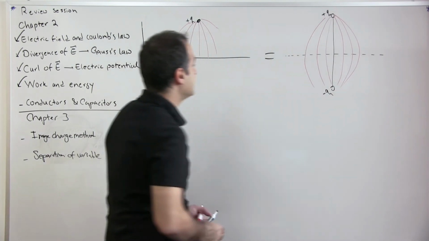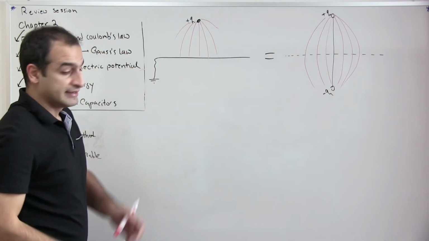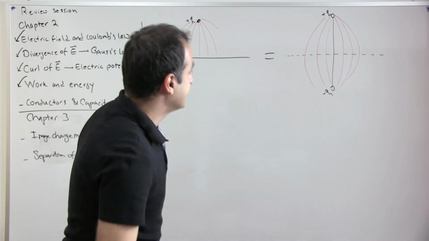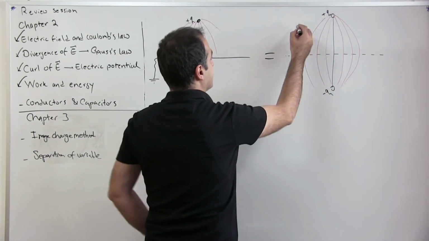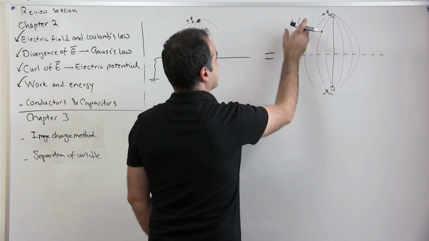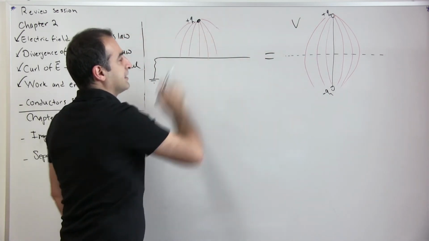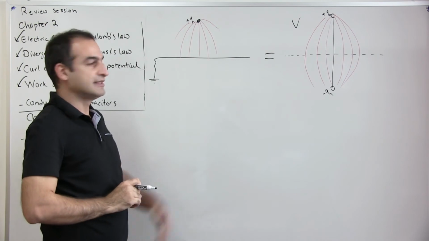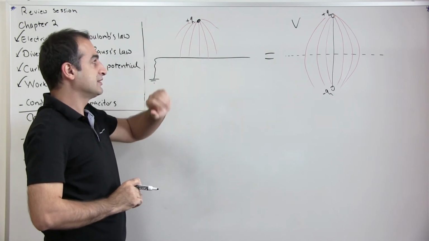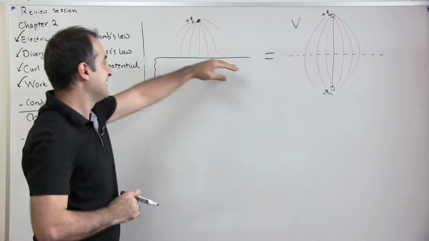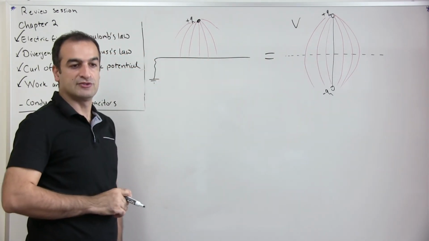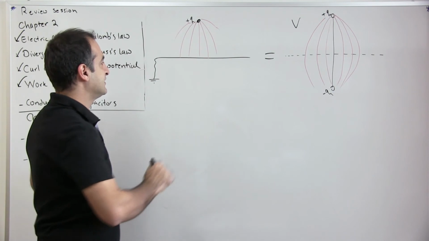Now we propose that the electric potential and electric field created in the upper half of the space here can be applied in the same way, because it satisfies Laplace's equation, of course, being a potential created by two point charges, and it satisfies the boundary conditions. We had two boundary conditions here.